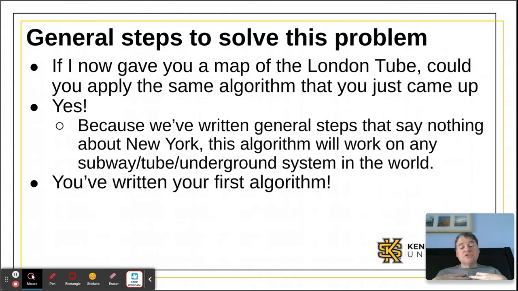Now, in this case, I told you the algorithm, right? We worked through it together in this video, and you saw me come up with the algorithm, but this is what programming is. It's figuring out how to solve a particular problem and then generalizing it so that it will solve that same problem over and over again in the future, anytime that you're given different inputs. And the cool thing is, once you've done it once, you know how to do it anywhere else.